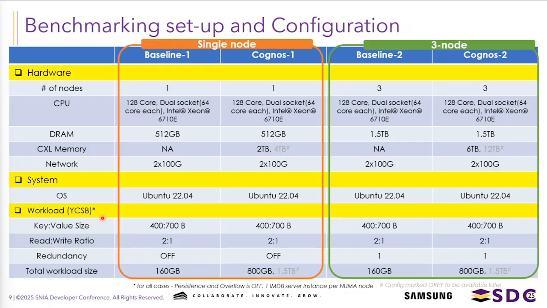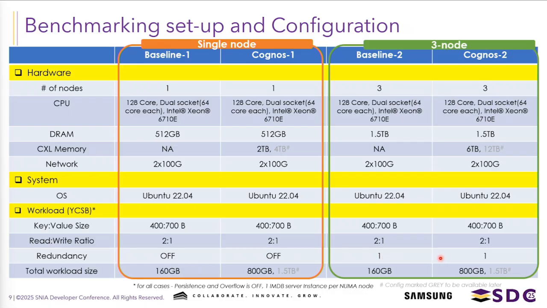The YCSB configuration, again, these configurations are all coming from the application which I just talked about. We used a 400 byte key and 700 byte value key-value pair, and the read-write ratio, again coming from a real application, was 2:1. For single node, no redundancy.